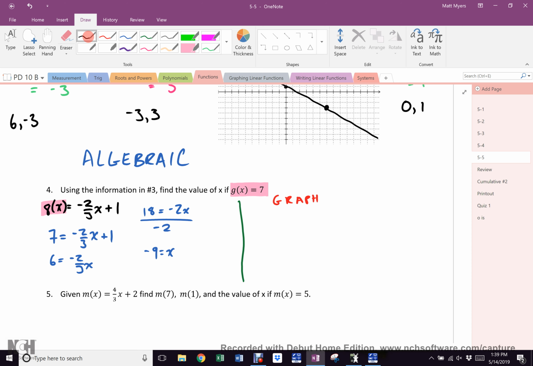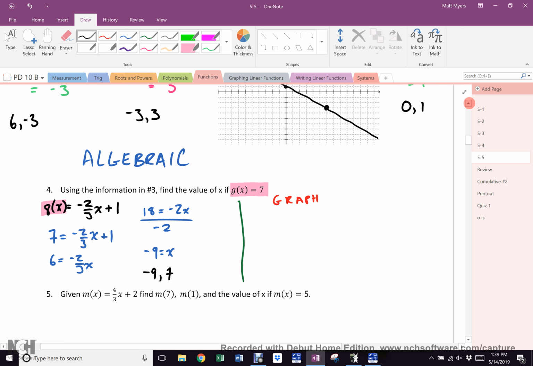What then is the point on the graph? Negative 9, 7, because this quite plainly says x equals negative 9. Does everybody understand?